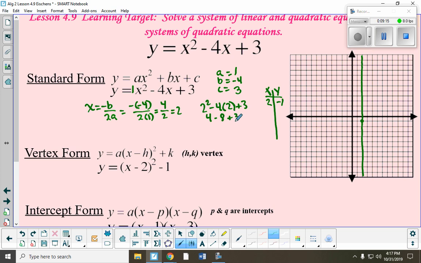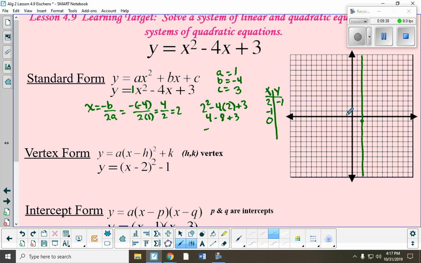All right, and now we need some more points. So let's just pick some x values that are close to the line. We could pick any x value, but the points get really high or really low when we do quadratics. So let's pick numbers close, like -1 and 0. Let's do -1 here.